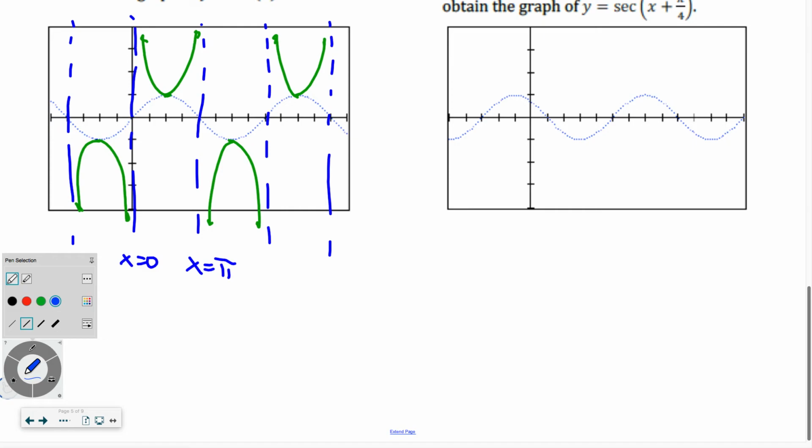The first half is pi, the second half is another pi. So I've got that, and then what's my next asymptote? 2 pi. What's this point right here? Pi over 2, comma 1. 3 pi over 2, comma negative 1. And that's kind of the amount of labeling that you would expect. Again, the key points are the asymptotes and the peaks and valleys. It's still 5 in a period.